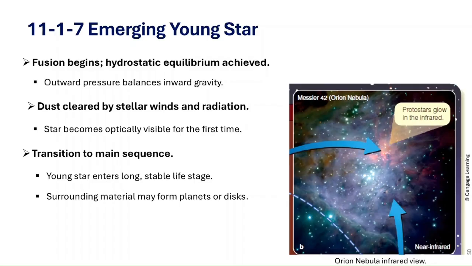And as the gas collapses, it heats up, forming dense cores that become protostars. And eventually, the temperature in the core rises high enough for hydrogen fusion to ignite, the moment a true star is born. And next, the young star then clears away its dusty cocoon and shines visibly for the first time, marking the start of its stable main sequence life.